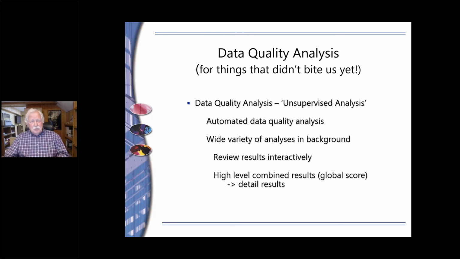So it's sort of a grab bag of tests. And we said, well, you can't really combine p-values and these other things.